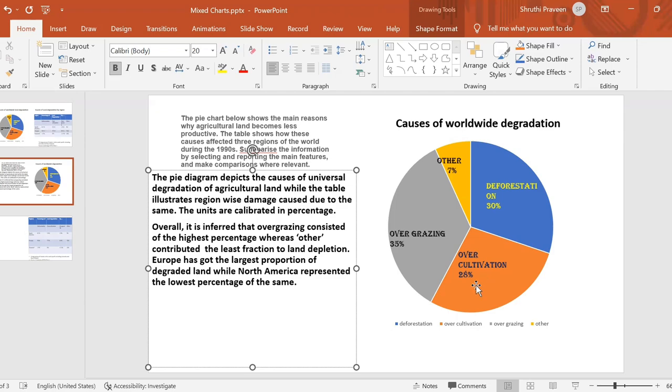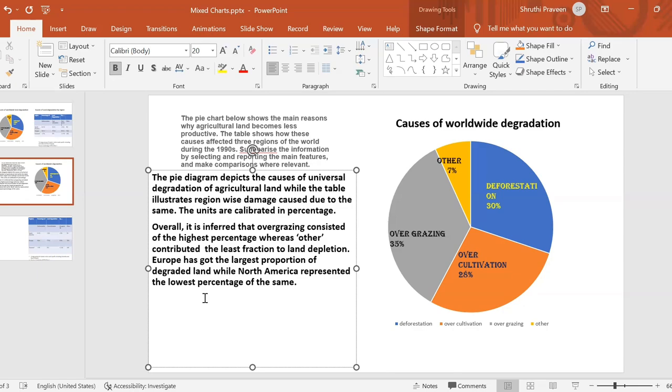Or you can say overcultivation is 4-fold, 4 times that of other. Some such pattern you can form instead of simply writing other contributed 7%, overcultivation comprised 28%. Instead of that, you can combine, club, contrast, and make a pattern out of it. Like one is 4 times the other, or one is 1/4 of the other.